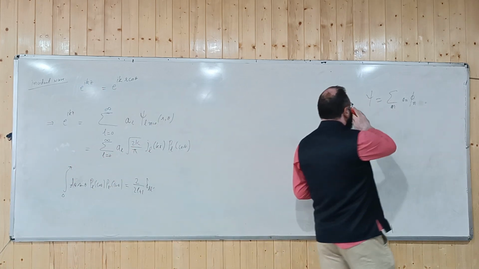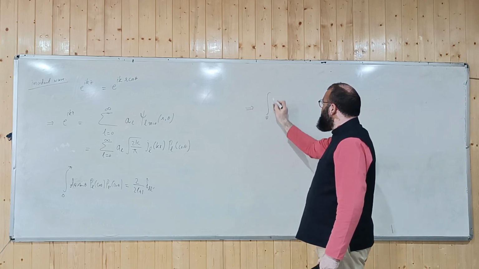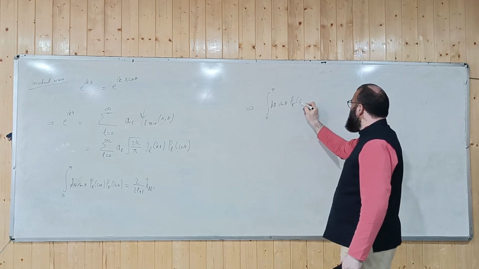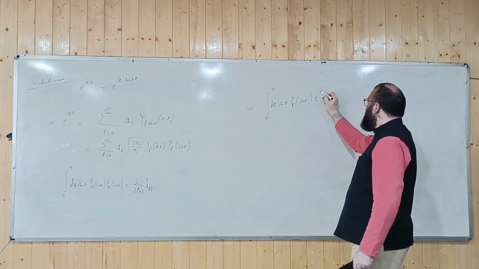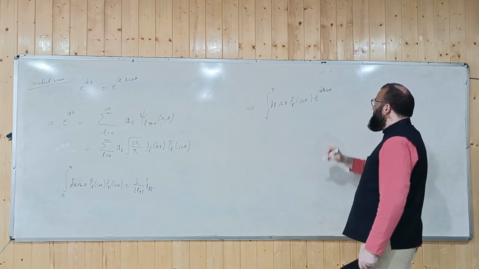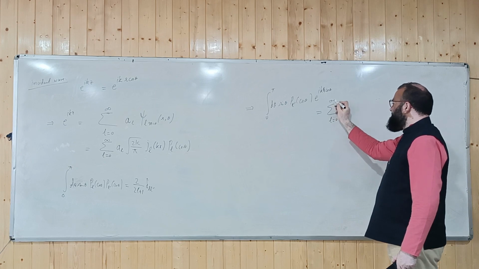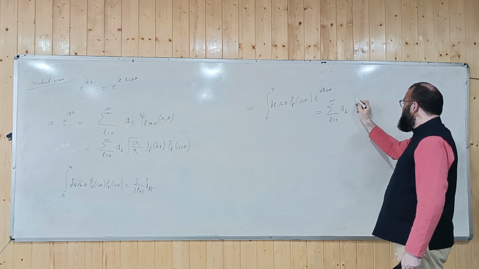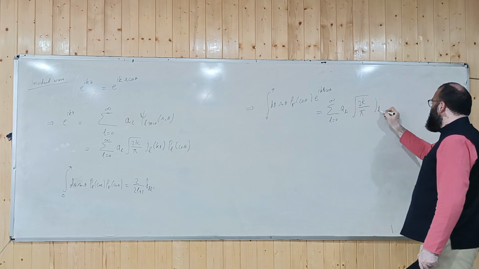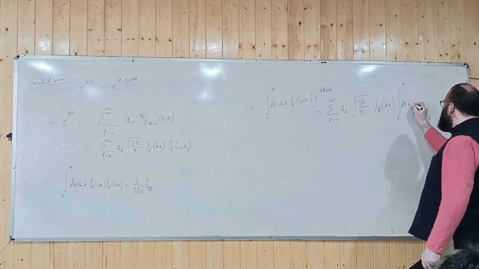So it means you have the integral from 0 to pi of d theta sine theta P_L prime(cos theta) e^(ikz). Let me write z as r cosine theta. What is that equal to? The summation over L from 0 to infinity of A_L, this root of 2k by pi, J_L(kr), times the integral of sine theta P_L prime(cos theta) P_L(cos theta) d theta.